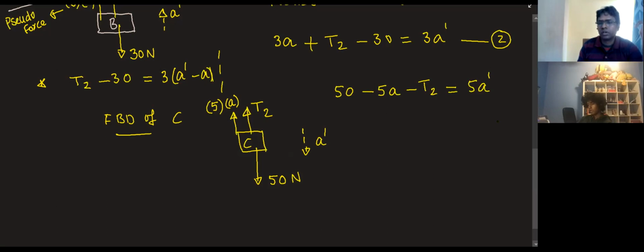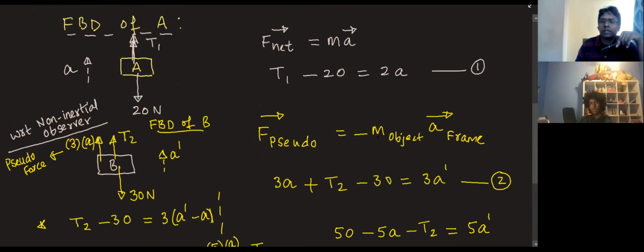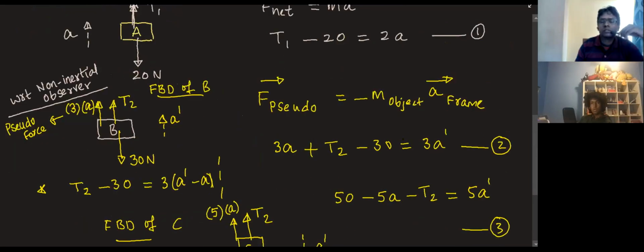Now, how many unknowns are there here? Abhiram, how many unknowns are there? Sorry, that is minus 30 in the second equation, yes, that is 30.